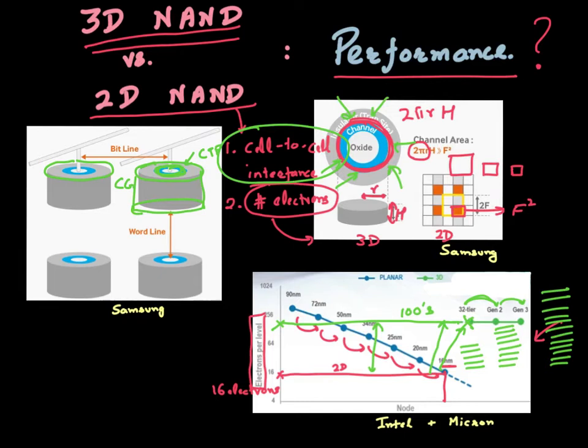So very few field lines can leak out, and there's almost zero interference with the cell adjacent to it.